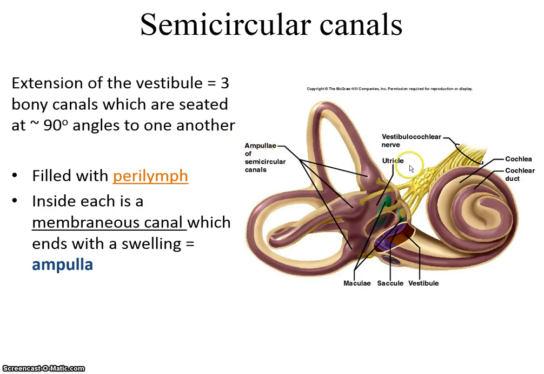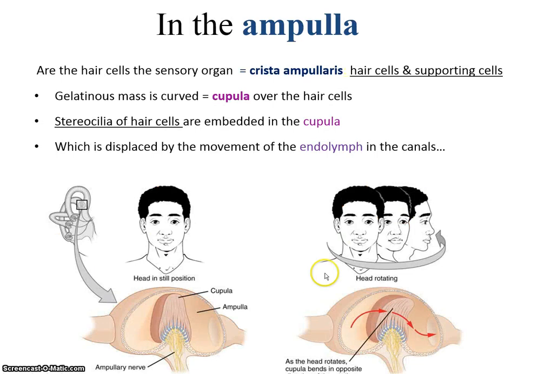So here, we talk about the ampullae, these swollen areas, where the semicircular canals attach to the vestibule. All right, still filled with perilymph. Inside each is a membranous canal, and here we talk about the cristae ampullaris. That's the sensory organ, the hair cells and the sensory organ collectively called this.